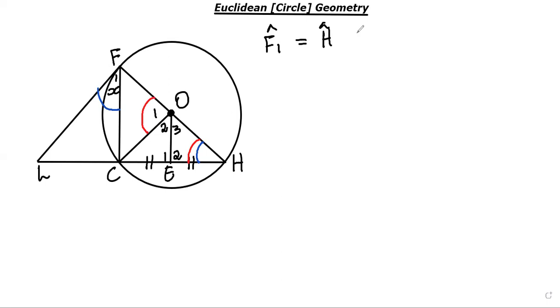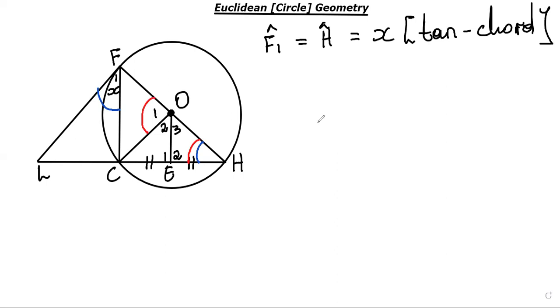So we say angle F1 is equal to angle H, and both of them are equal to X, well, this is because of the tan chord theorem. And then you say angle O1 is twice as much as angle H. So you can say it is equal to 2x.